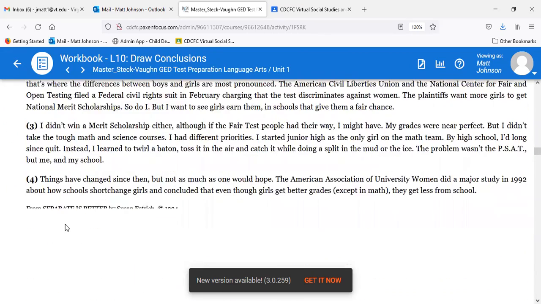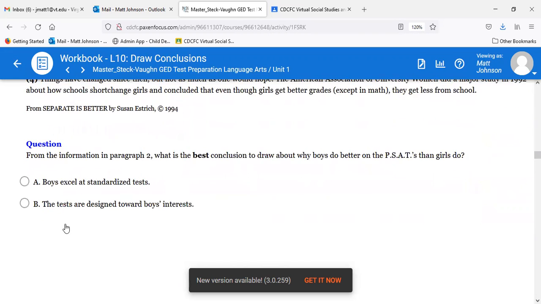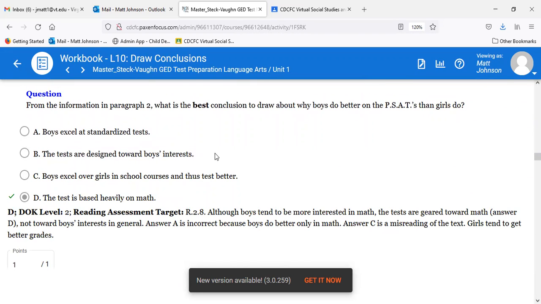4 is D as in dog. Moving on to talking about girls' education in single-sex classes.